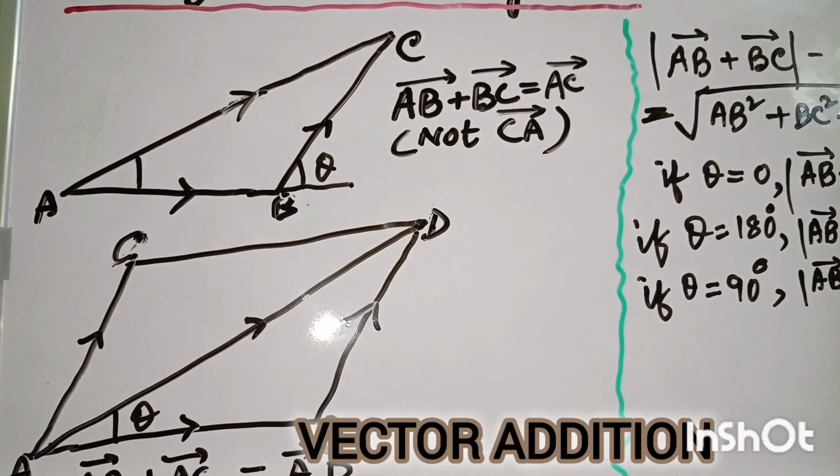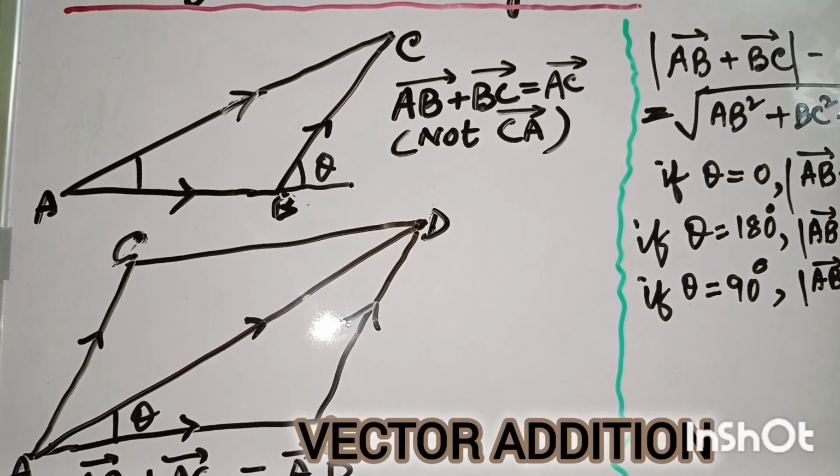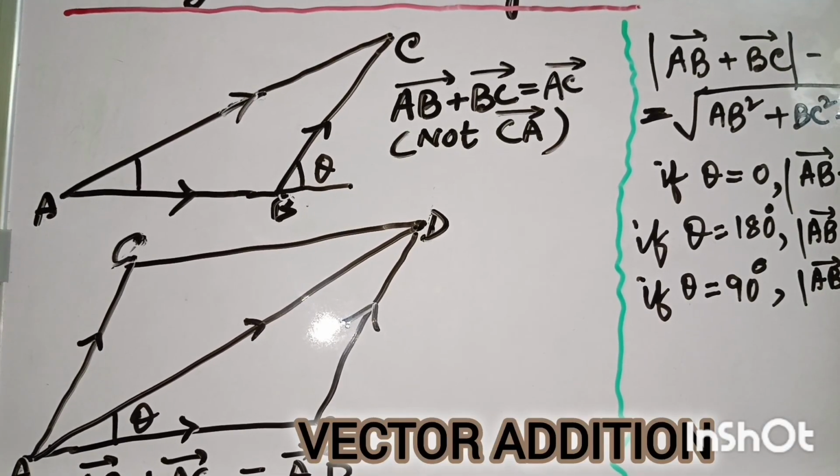Here the third side is AC, but if it were taken in the same order, it becomes CA. We have to take the third side in reverse order, so we take AC, not CA. So AC becomes the vector sum of AB and BC, not CA.